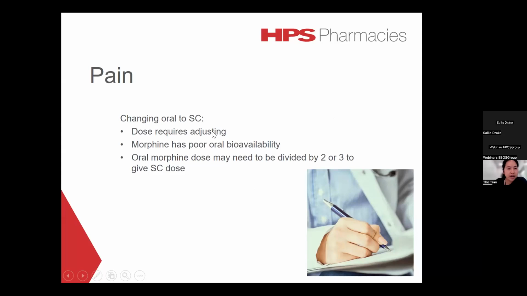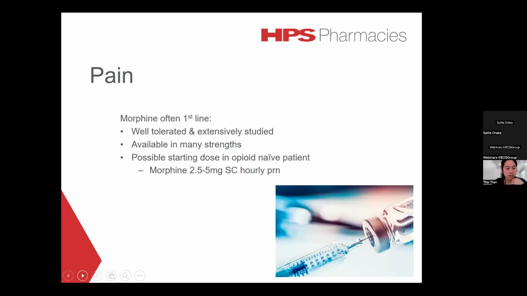Okay, so on this slide we talk about management of pain. In end-of-life patients, opioids are often used to manage pain in the last days of life. Morphine is typically used as the first line of choice, and we normally start at a lower dose in opioid-naive patients.